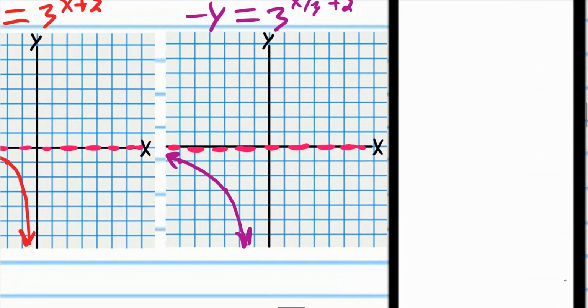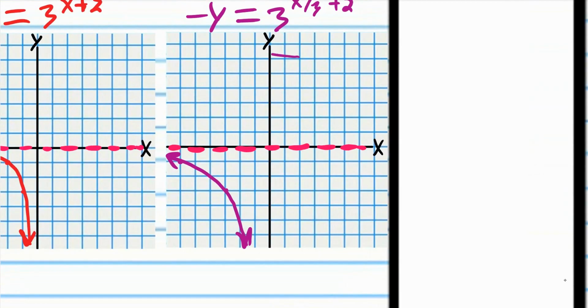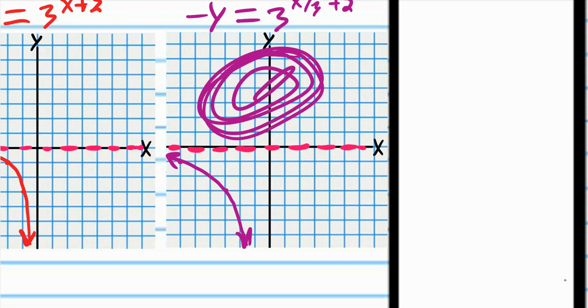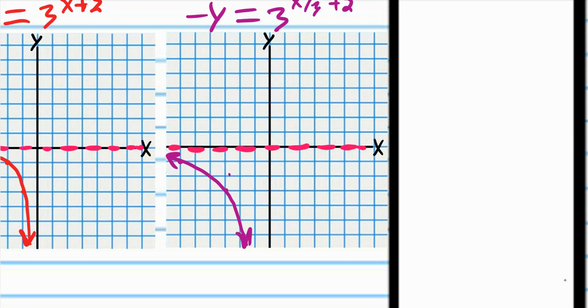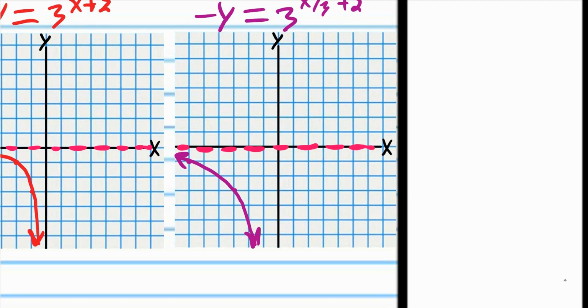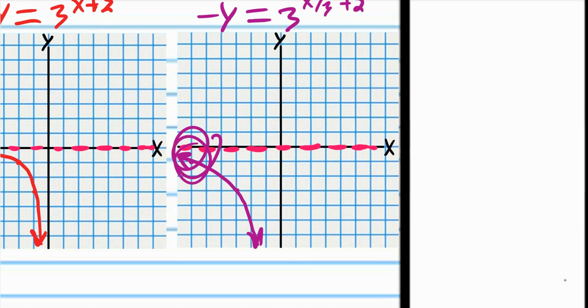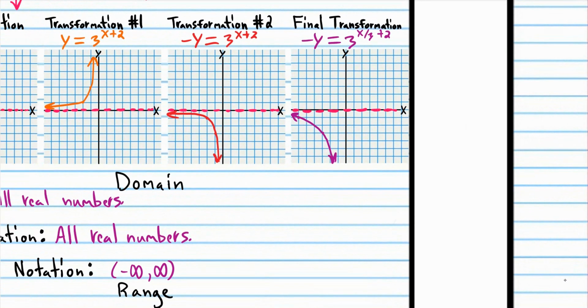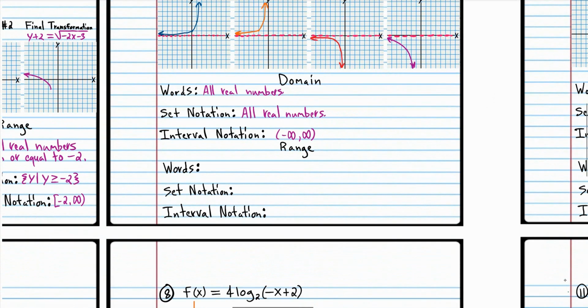Now, what is the range? Notice there are no points up here. So all the points have negative y values, and this graph is going to approach that dotted asymptote, but it's never going to touch. So there are no points on the x-axis. So there's no points that have a y value of 0.